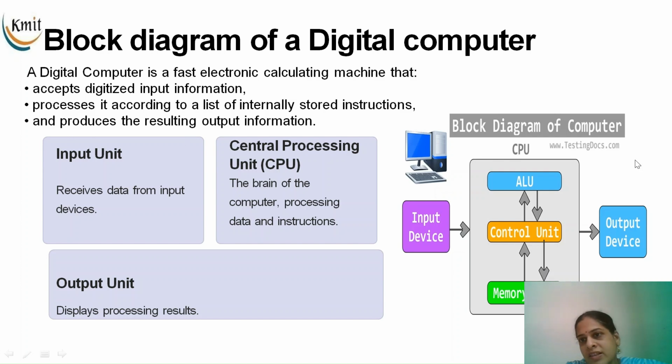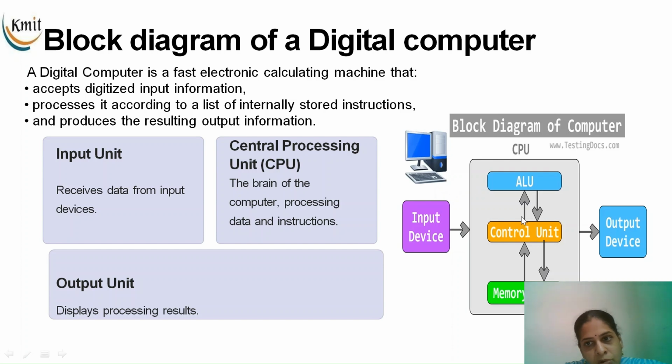So, if you see the block diagram of a digital computer, it mainly contains three parts: the input unit, CPU, and output unit. Each and every unit is responsible for certain functionality. The input unit is responsible for receiving the input data from the user by means of input devices.